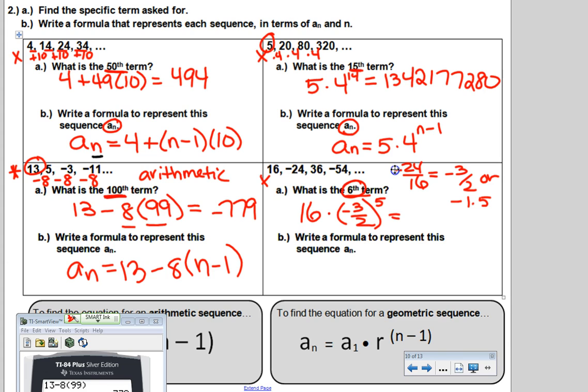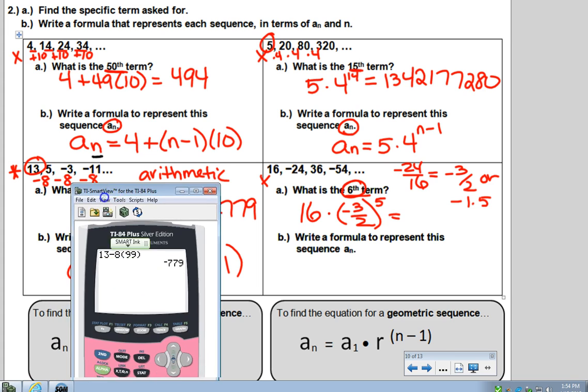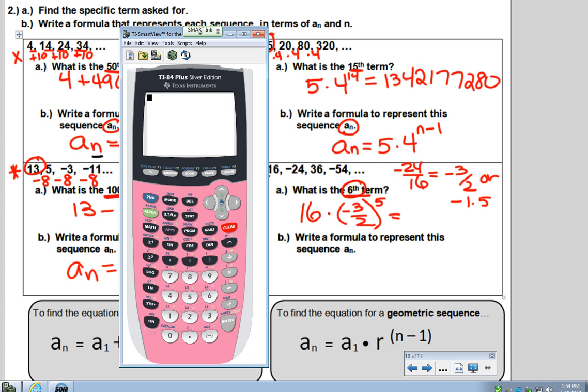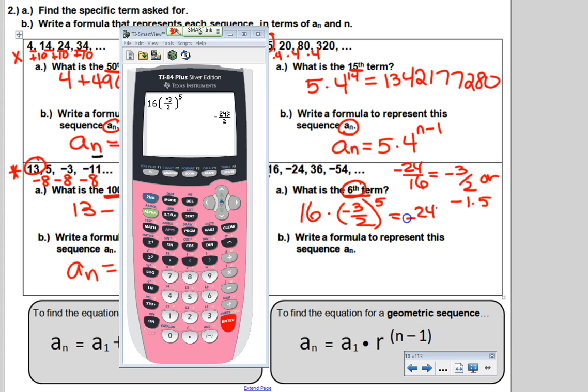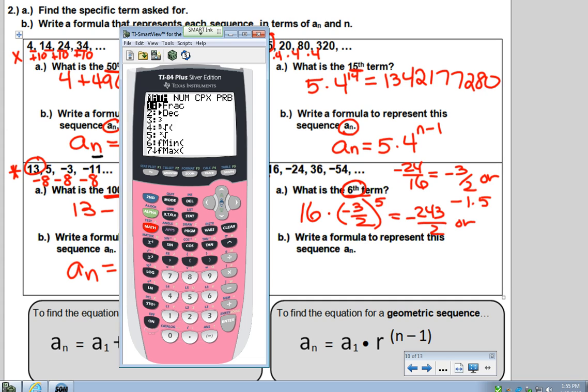One less than you have numbers. Decimal or fraction is fine. I'm just going to go with a fraction. So you can either have this answer or the decimal equivalent. Whichever answer you want.